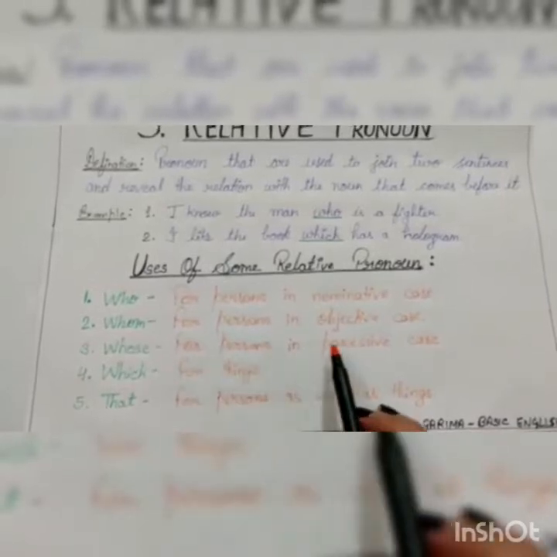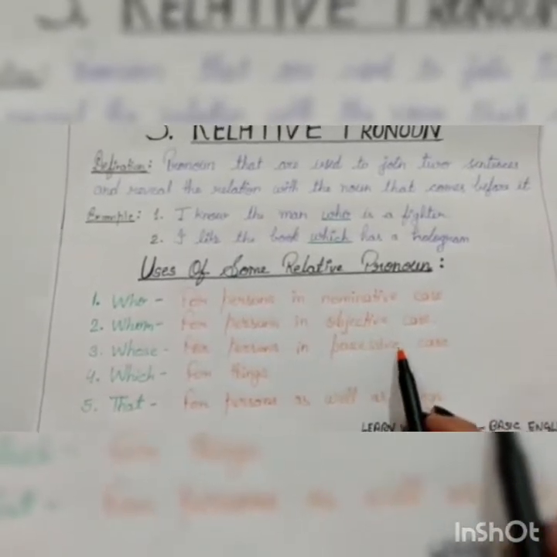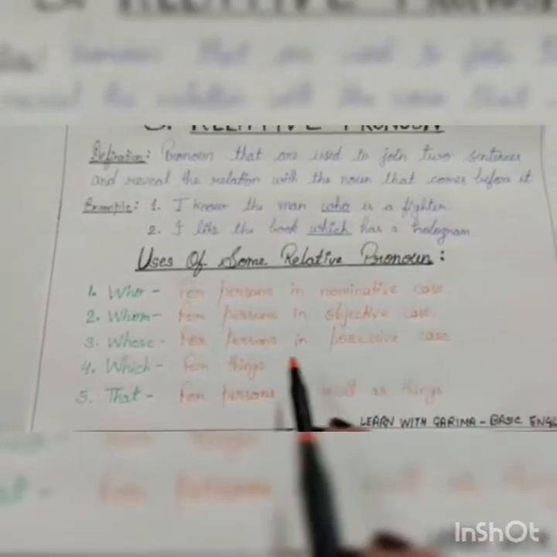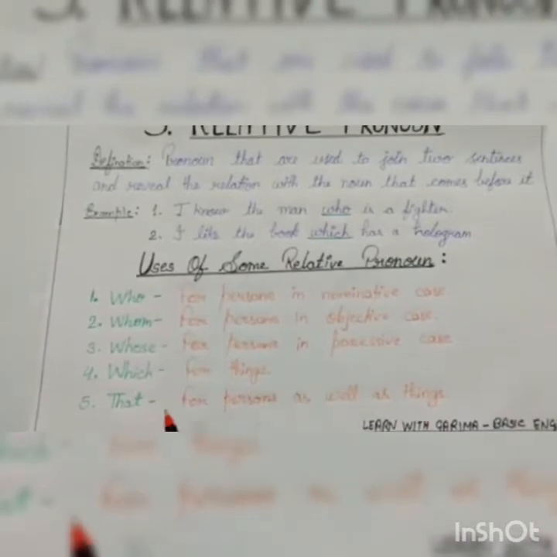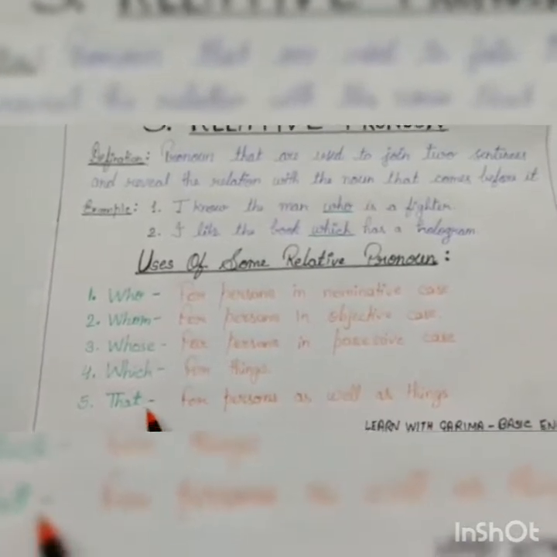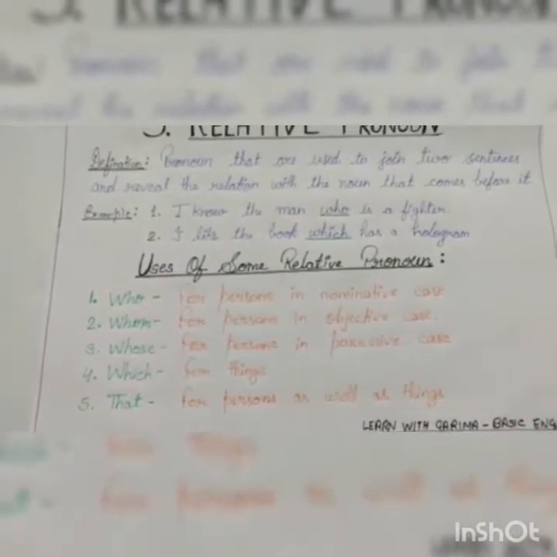Third is whose. Whose is used for a person in the possessive case, which means it is used for the person who is the owner. Next is which, which is used for things. And fifth is that, which is used with persons as well as things.